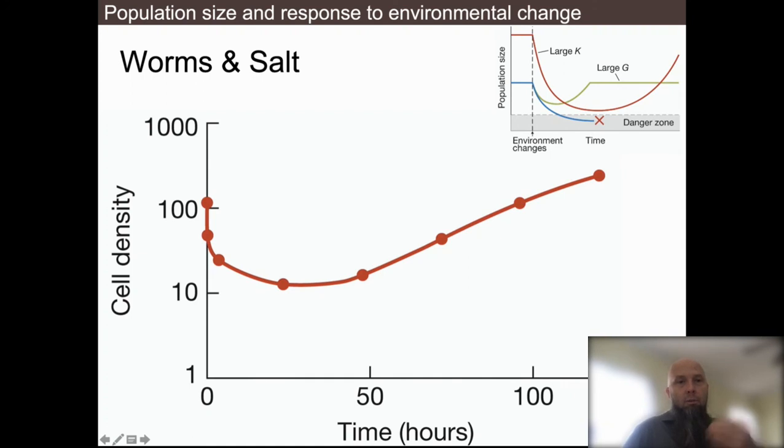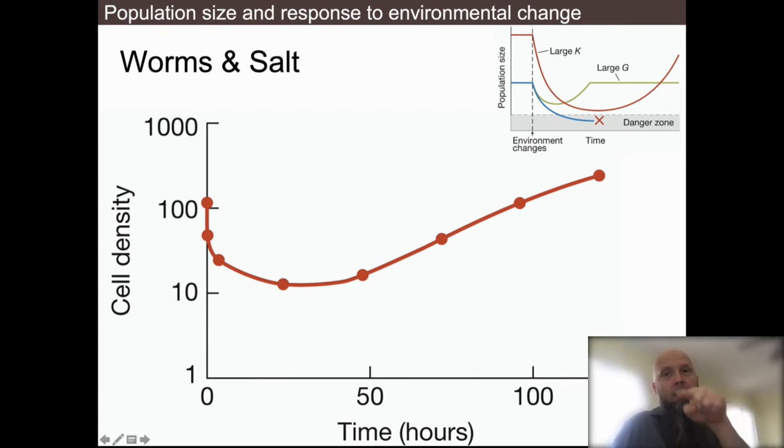And this is a population that was quite large, okay, high density of individuals, that the population was subjected to exposure to salt, which killed a lot of individuals. This is a logarithmic scale, so you can see that cell density, basically the abundance of these single-celled worms on the plate, went from about 100 down to somewhere in the neighborhood of 10. So a 90% reduction in the population size, okay?